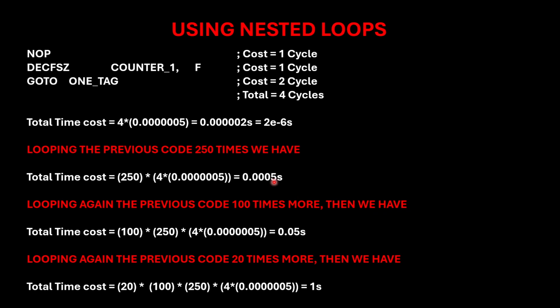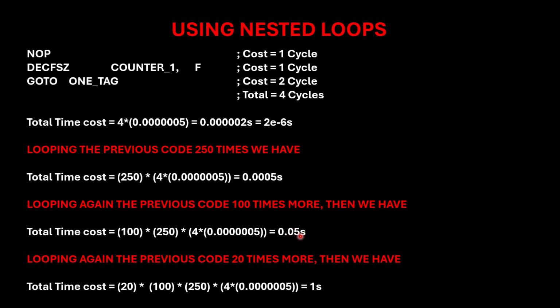So if we loop the previous code 100 times more, then we have a new total time cost, right? And it will be determined by multiplying 100 by 250 by 4 by the cycle time, and then we have 0.05 seconds.